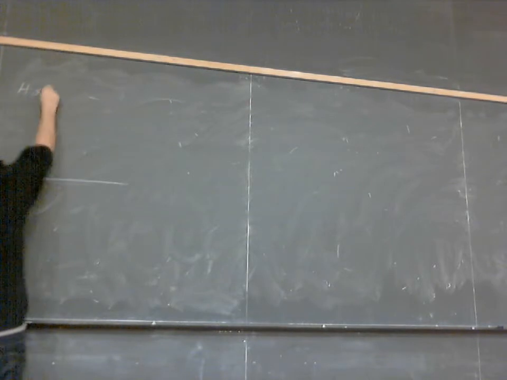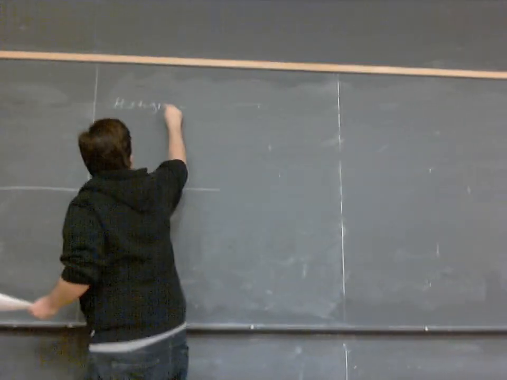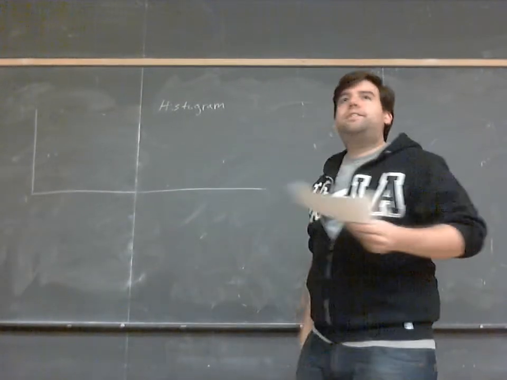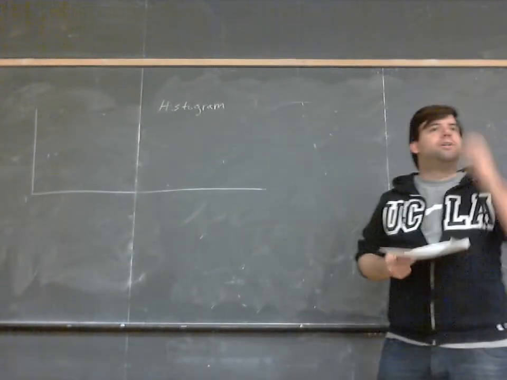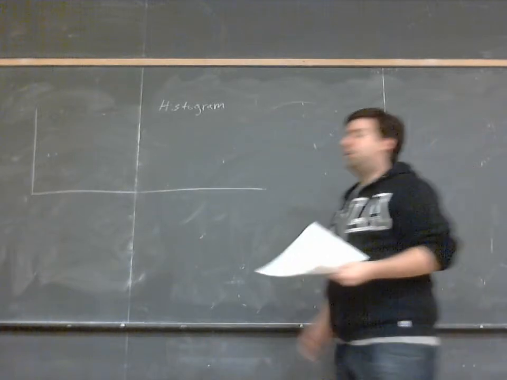Then we saw a common plot for observing data, the histogram. The histogram shows us the distribution of the data, where the data occurs.